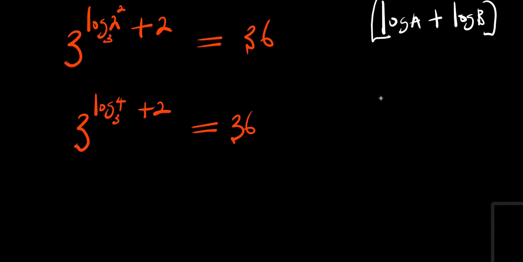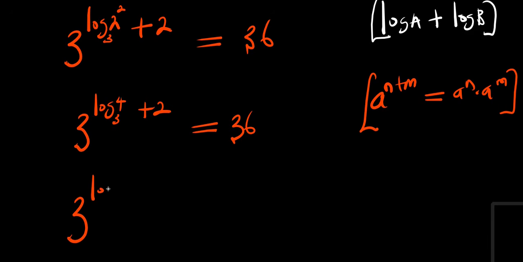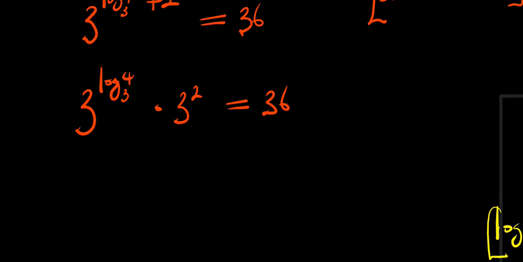And don't forget, a power n plus m equals a power n times a power m. This is 3 power log 4 to the base of 3 times 3 power 2 equals 36. Also, a power log b to the base of a equals b.